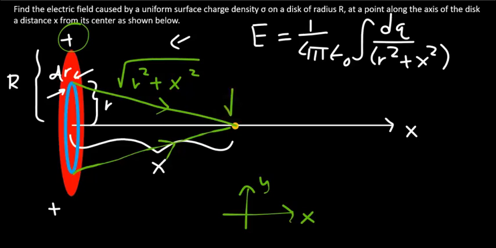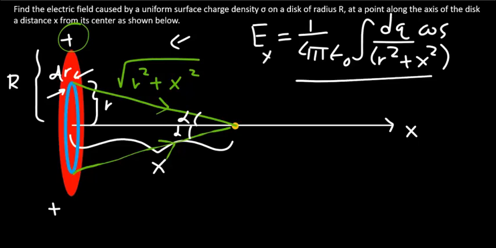The top contribution's y component goes downward, the bottom contribution's upward, and they just cancel out. The x component does not cancel out. They indeed reinforce.